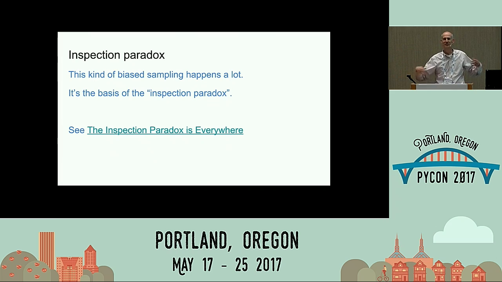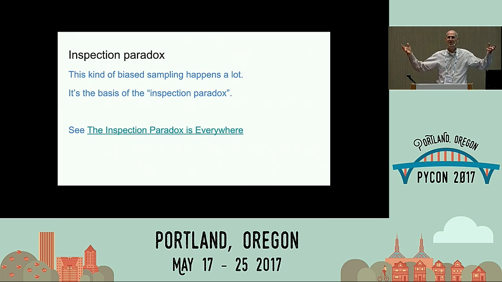And I ask the students, why is that? Why are Olin students apparently coming from bigger families? And they make up all kinds of stories. They tell me, well, they're relatively affluent families and the families are bigger, or the Northeast is overrepresented in family. There's always an explanation, except that it's purely an example of the inspection paradox.